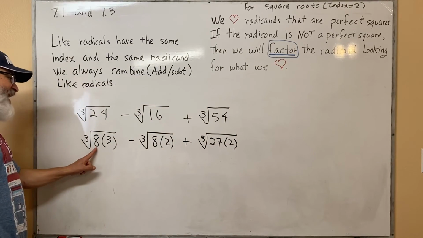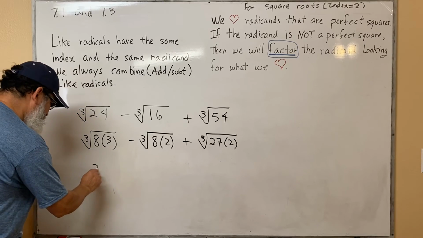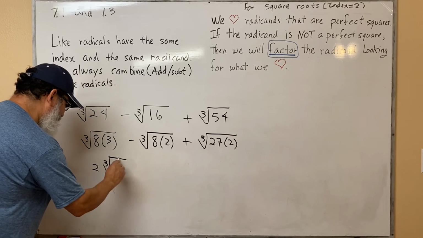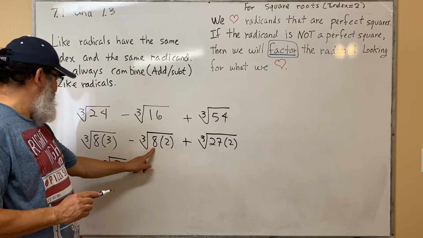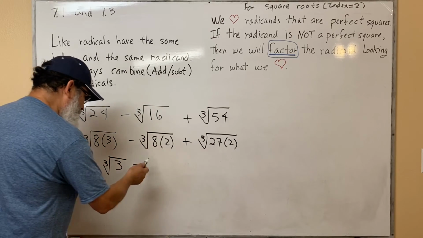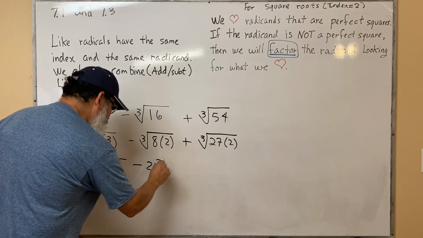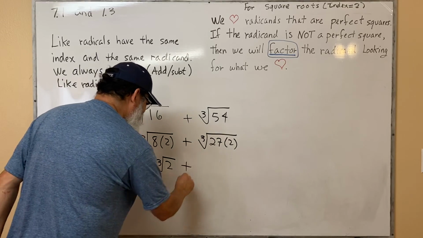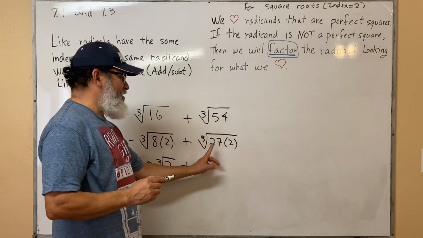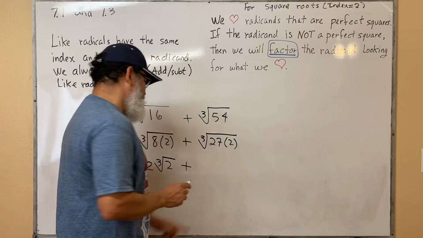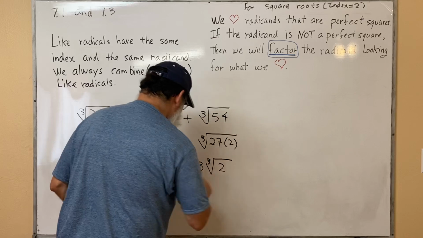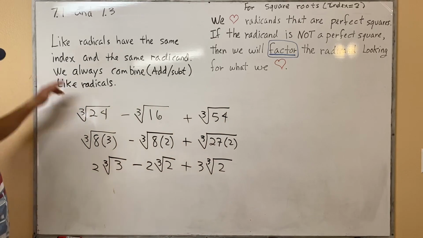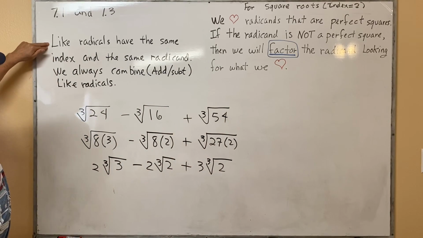Now simplify. The cube root of 8 is 2. So 2, the cube root of 3, minus the cube root of 8 is 2, the cube root of 2, plus the cube root of 27, which is 3, the cube root of 2. Okay, now back to the question.